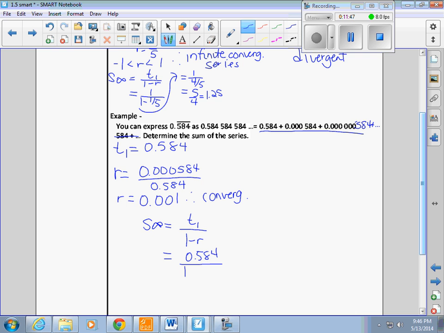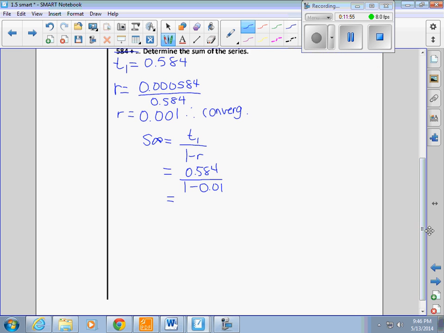I divide that by 1 minus 0.001, which equals 0.584 divided by 0.999, and that equals 0.584584584, so we just put the bar over top.